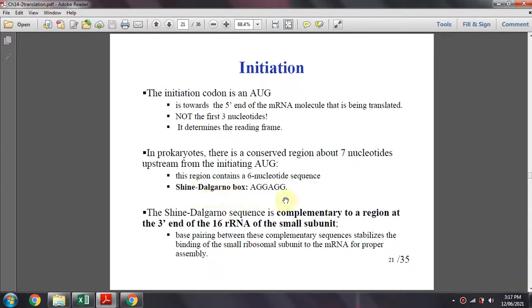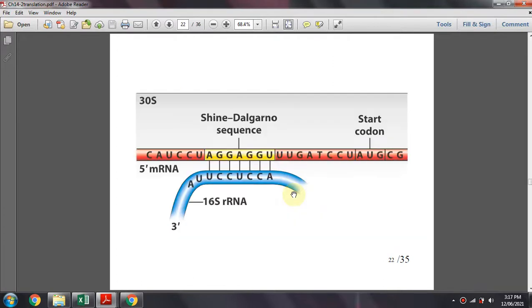This Shine-Dalgarno sequence is complementary to the 16S rRNA of smaller subunit. Remember, we are discussing prokaryotic translation. Okay. So the base pairing between the 16S rRNA of ribosome and Shine-Dalgarno sequence of mRNA helps in binding of ribosome onto the mRNA. Then it scans for start codon and binds.